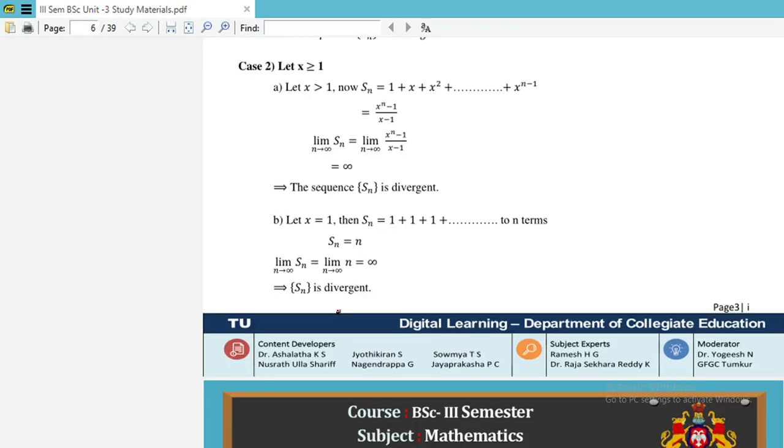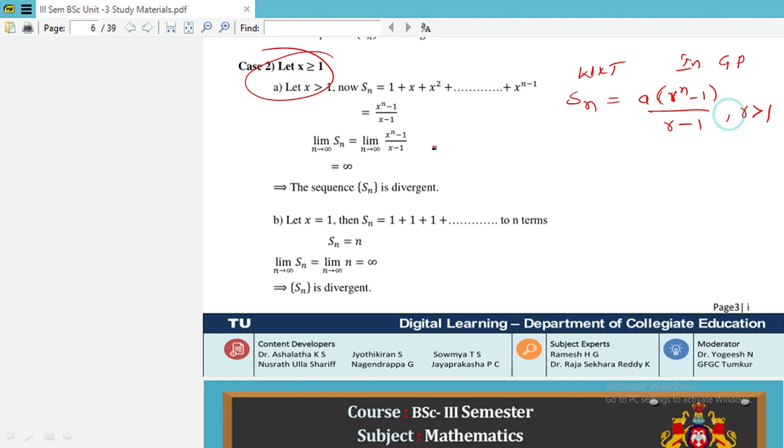Next, second case, mod x greater than or equal to 1. We know that in a GP, the sum of n terms is a into r raised to n minus 1 divided by r minus 1, when r is greater than 1.